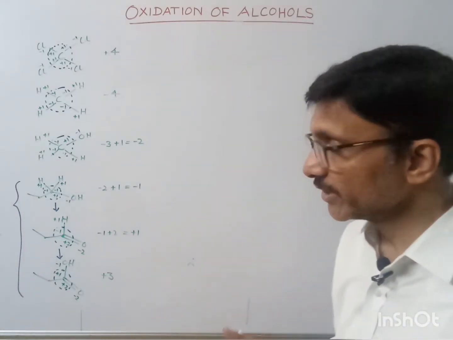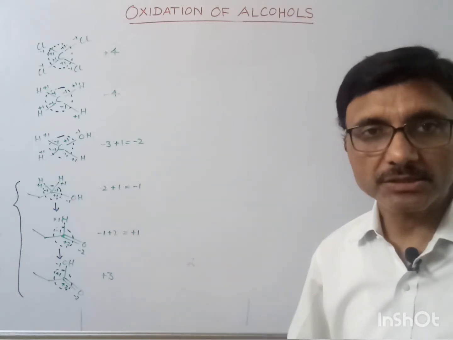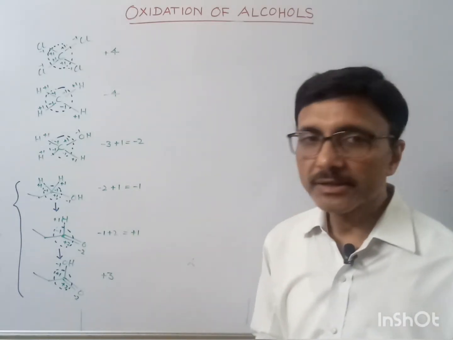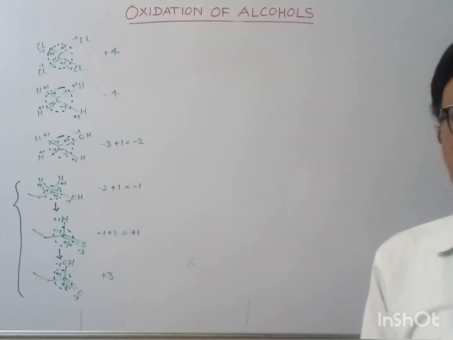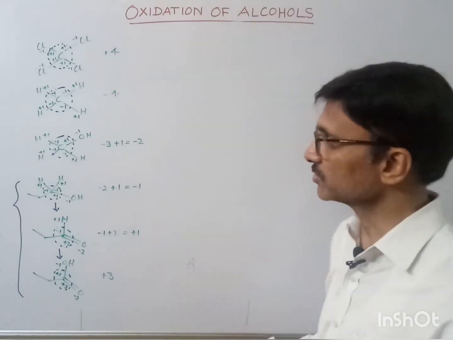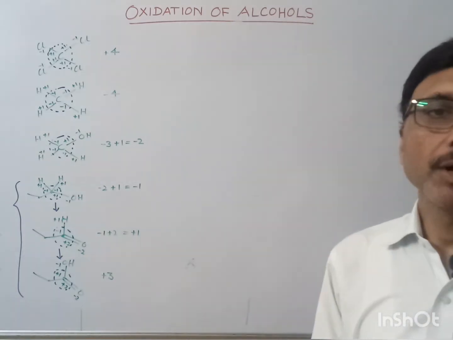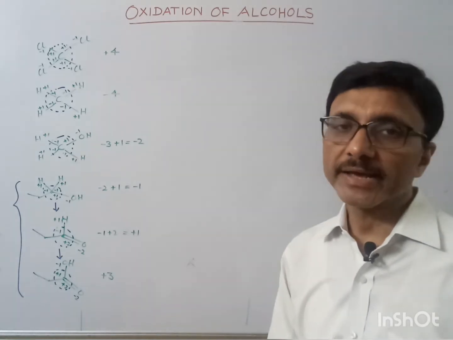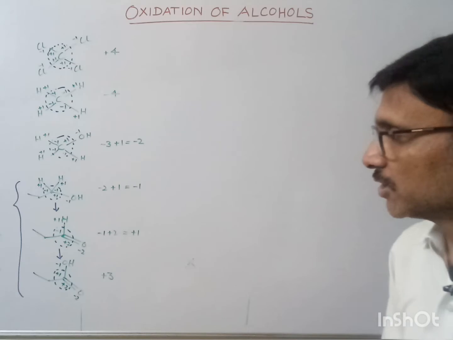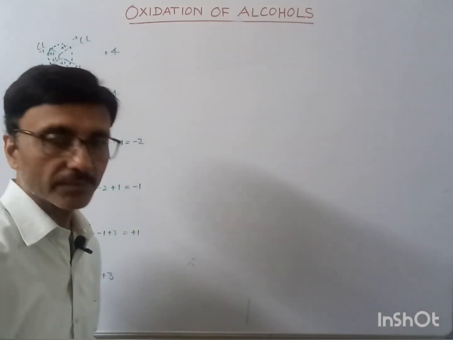So during oxidation, the oxidation state of carbon increases, and the alpha hydrogen atom is replaced by the oxygen atom. That's why if there is no alpha hydrogen atom, like the tertiary alcohol, it doesn't undergo oxidation. So let's see the mechanism for this oxidation.